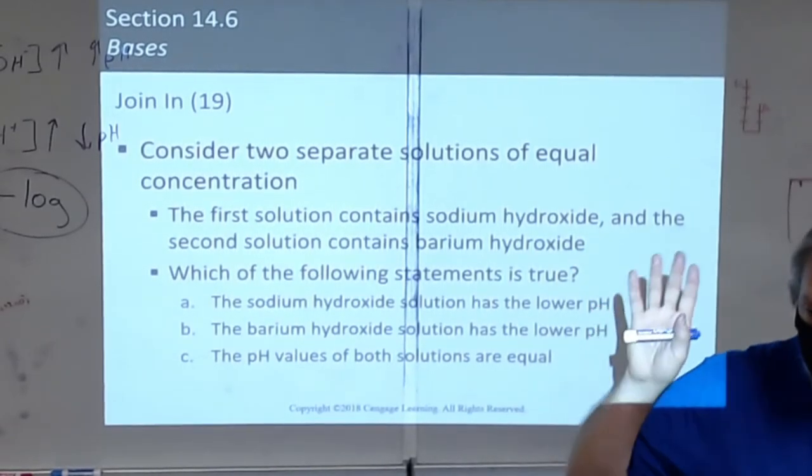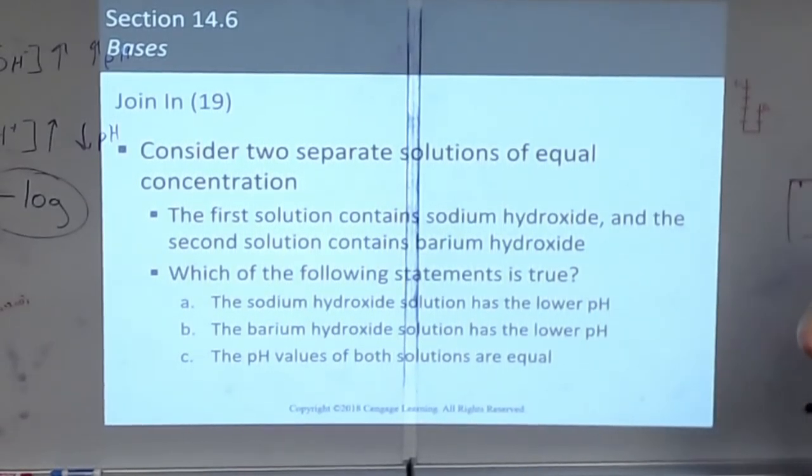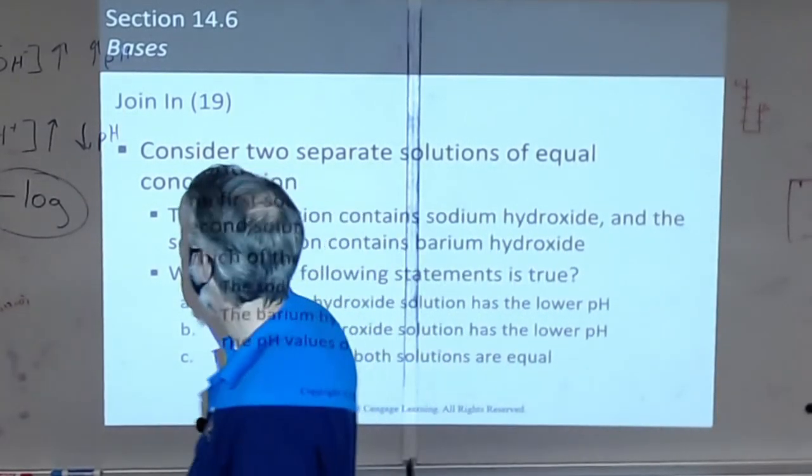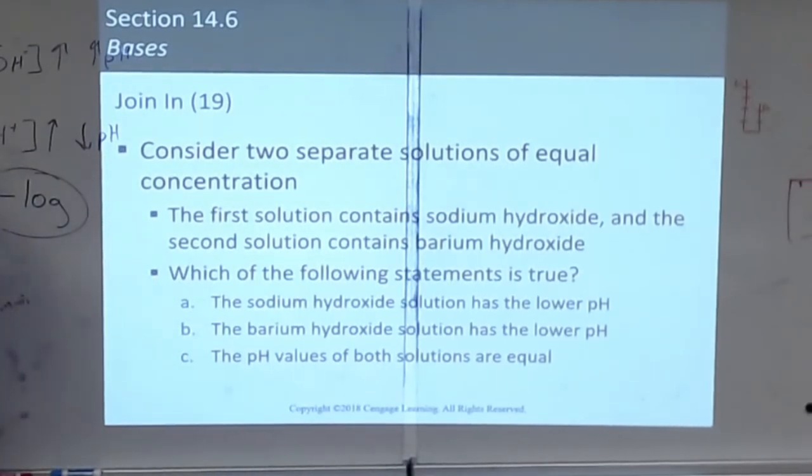I want you to think in terms of pH. Get it to hydrogen ions, think in terms of pH, and don't think about pOH. So the more hydrogen ions, the lower the pH. Your stomach acid is 2, and your Gatorade is 2.5. It has lots of hydrogen ions floating about.